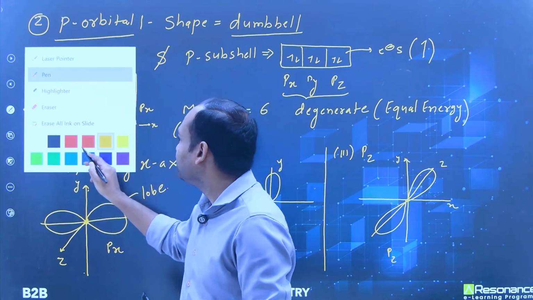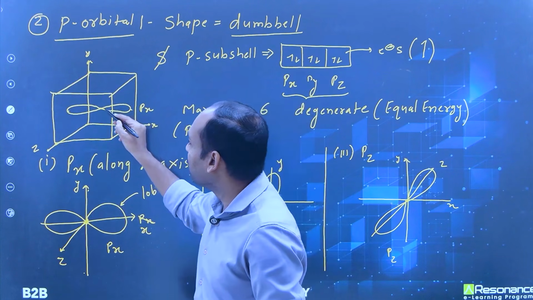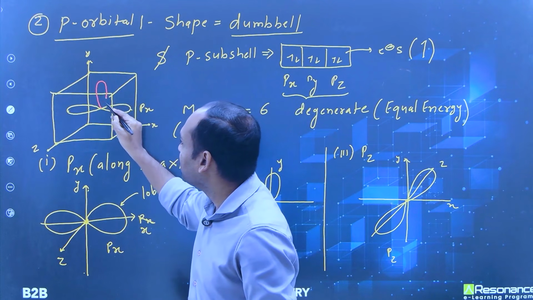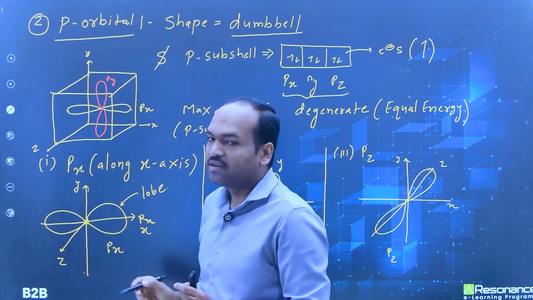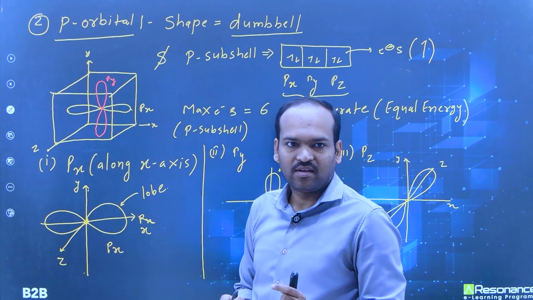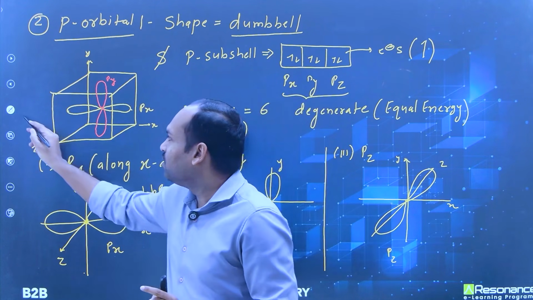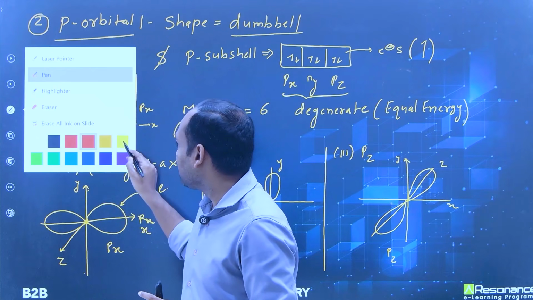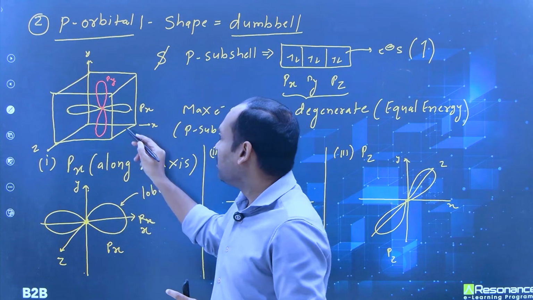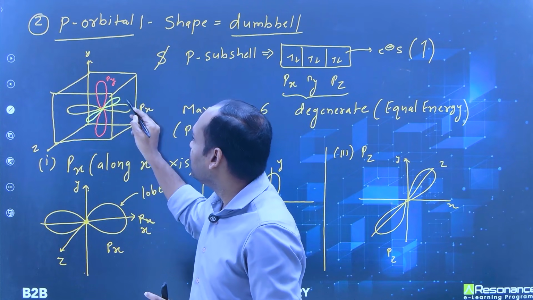Okay, so I can draw easily. This is py, up and down. Now next, one front, one back. This is our pz.